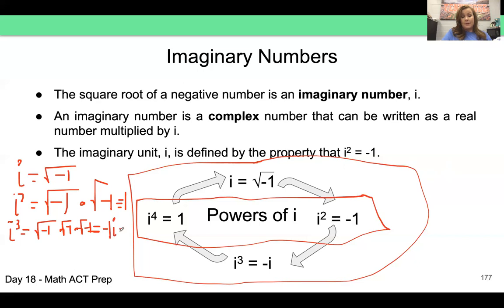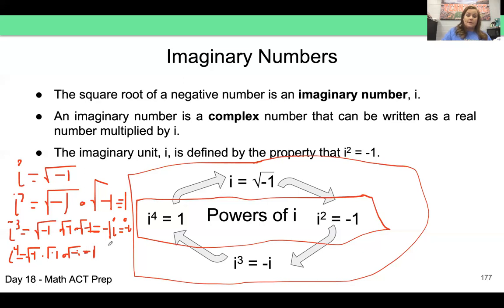So it's going to be equal to negative i. That's the best I can do. And then if you get to i to the fourth, then you know it is square root of negative 1 times square root of negative 1. Sorry, this is really hard to draw.